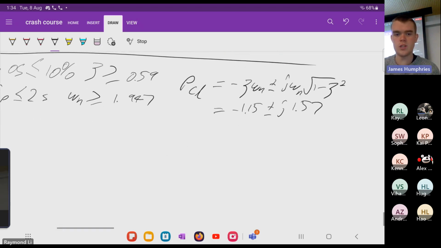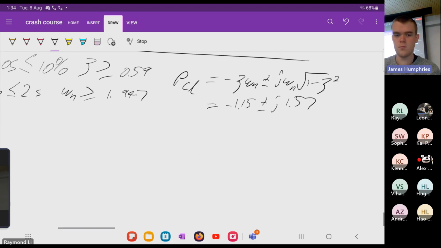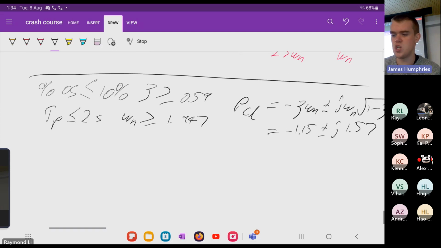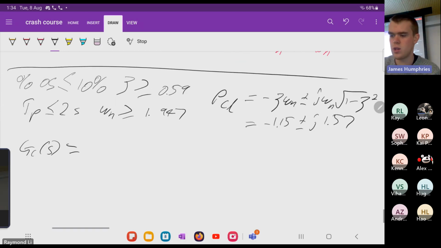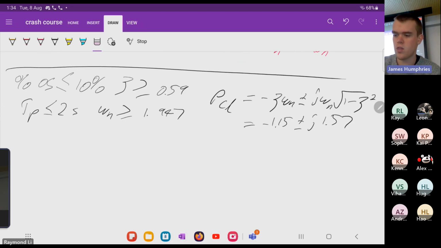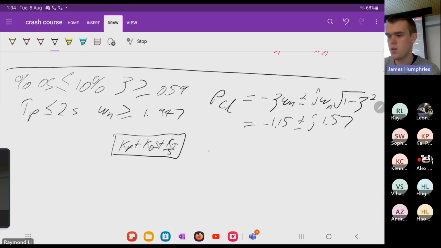All right, and then you want to start going, okay, we have our GC of S, which you can't really see here, but I will draw it in quickly again so you can actually see it. So this is our KP plus KDS plus KI on S, all times 1 on S of S plus 5 squared.